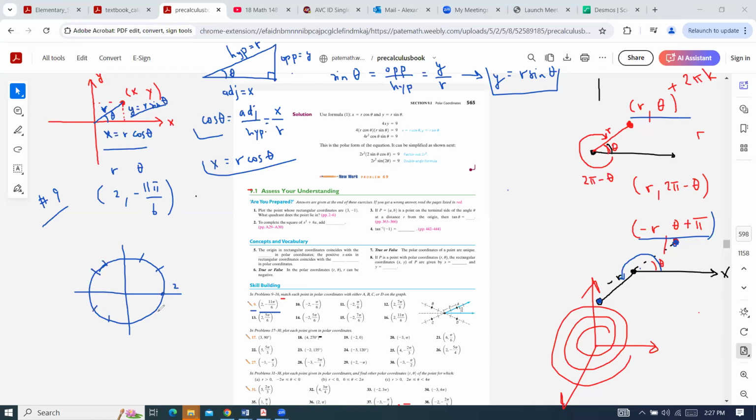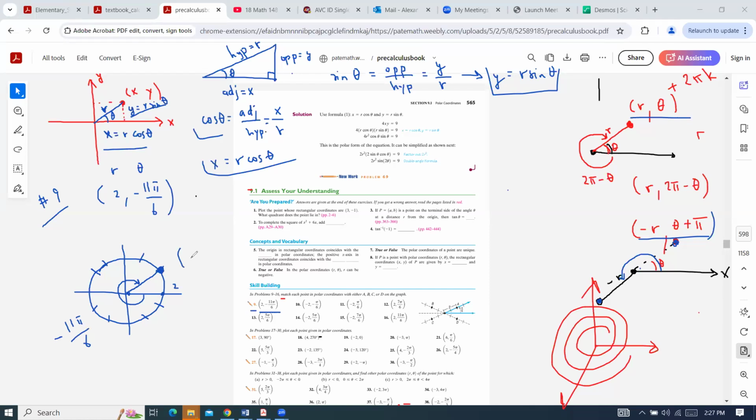So 3 cuts, that's 2 cuts in this here. So it looks like negative 11 pi over 6 will go here, right? If I rotate like that, so it'd be negative 11 pi over 6. And the radius was 2, so we're still here. If it was negative 2, I would be on the opposite side. So here's the point that we produced.